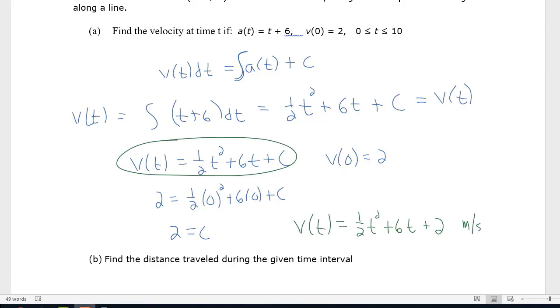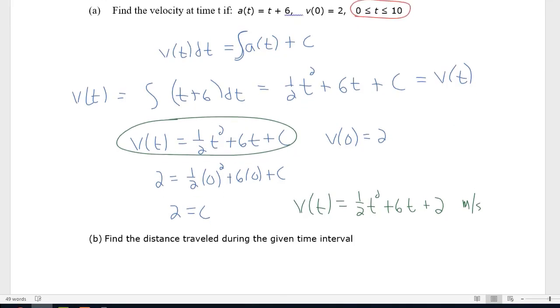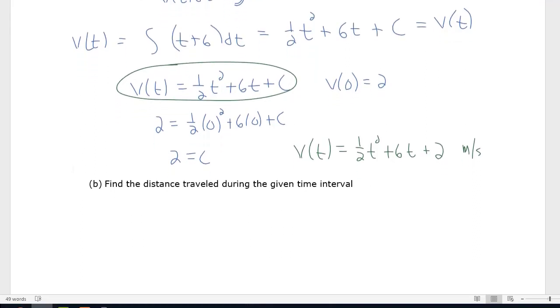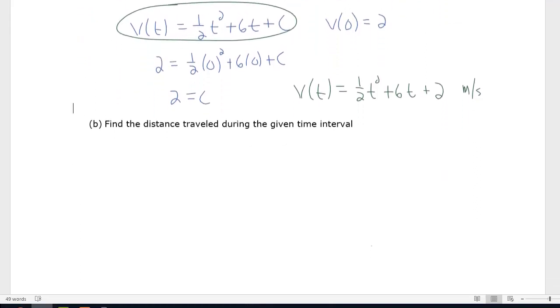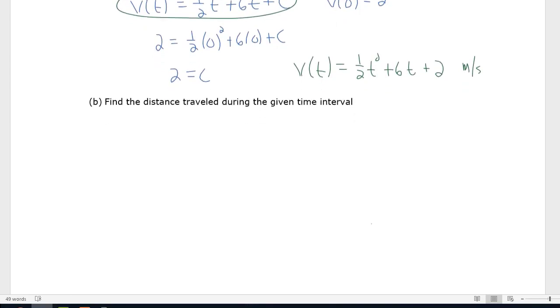All right, now part B says find the distance traveled during the given time interval. So I'm going to change colors here. The time interval they give me is from 0 to 10 seconds. If I'm finding position, or distance, position is the integral of velocity.